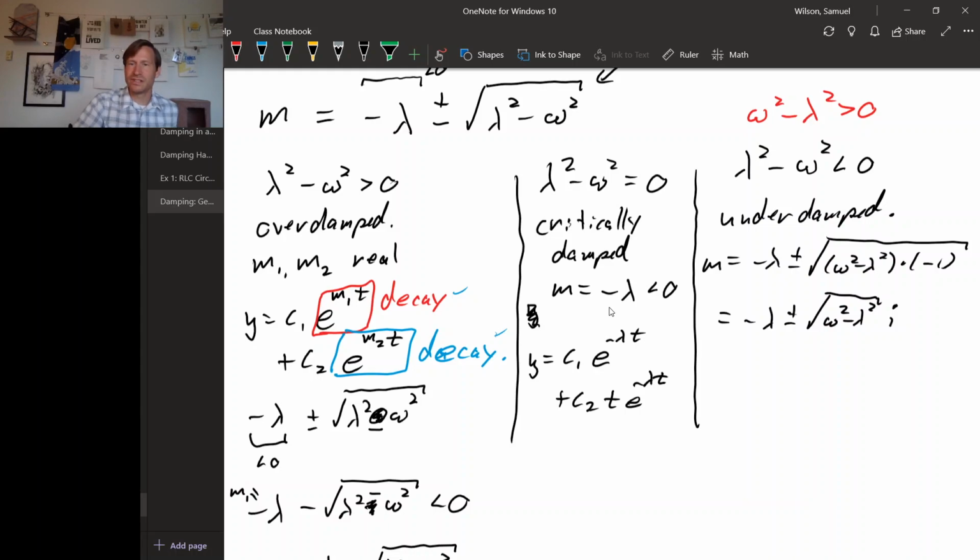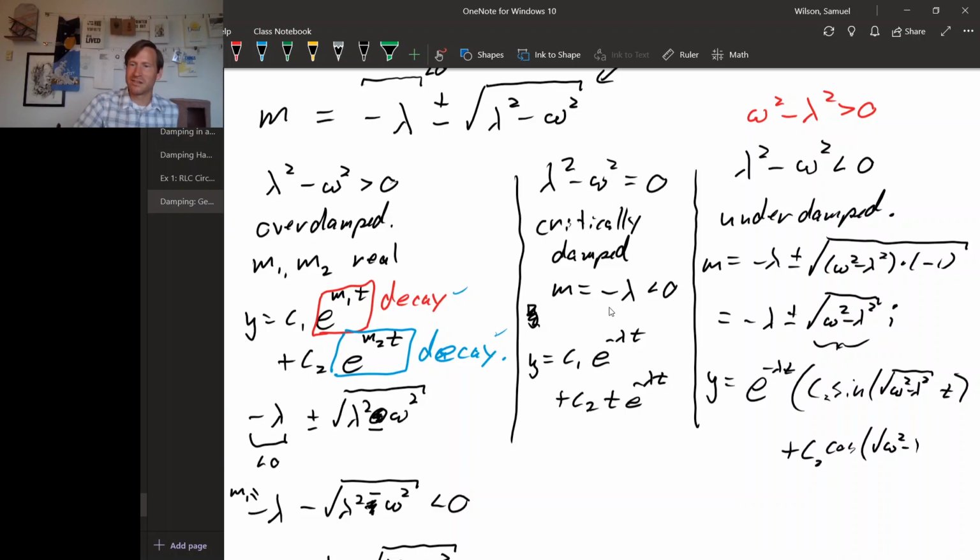So our solutions in this case are e to the minus lambda t times some constant times sine of this angular speed, so square root of omega squared minus lambda squared times t, plus some other constant times cosine of square root of omega squared minus lambda squared times t.